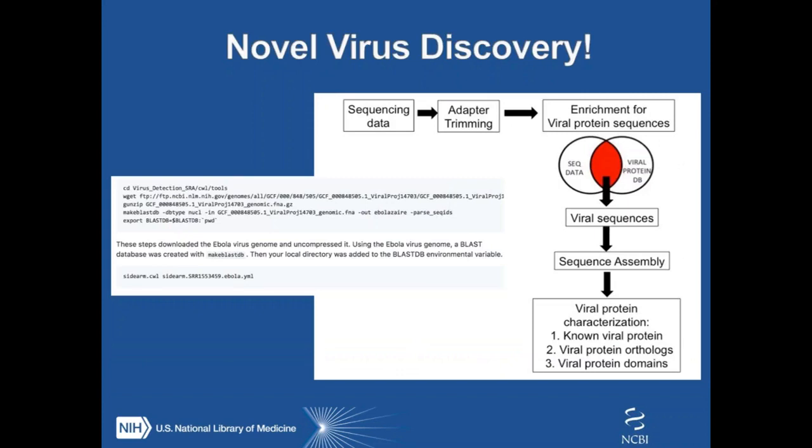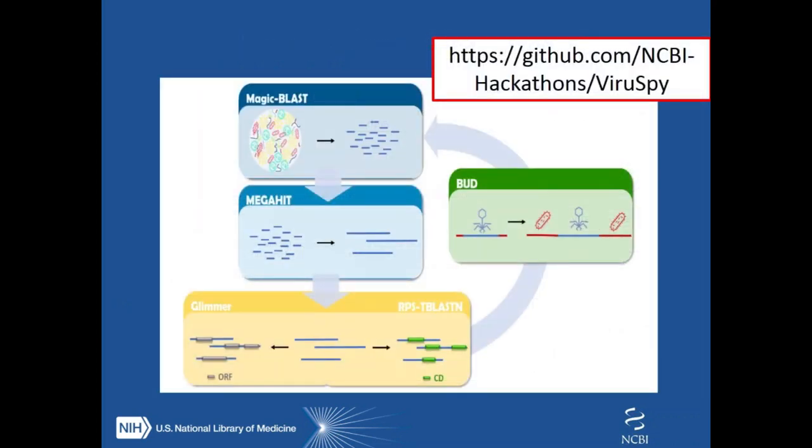We've also developed some sensitive tools for novel virus discovery in the hackathons. This is a project that we've been working on for close to a year in a series of hackathons now. First, making an extremely sensitive virus discovery pipeline.